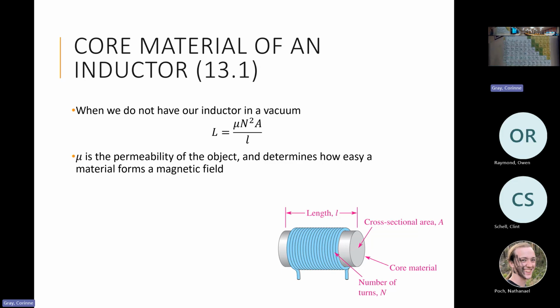It turns out it's a little difficult to perfectly coil a wire about empty air. One of the ways we can increase the inductance without increasing the size is to put something inside of it. When we put something inside of our inductor, that changes how the magnetic field behaves a little bit. So we have mu here for the permeability of that object.